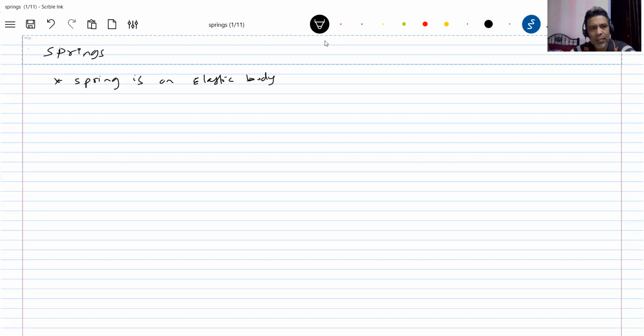So elastic body in the sense, so if you plot the potential energy one, well, let's take this is the potential energy. I'm writing potential energy. And this is interatomic distance. How is the corresponding graph?